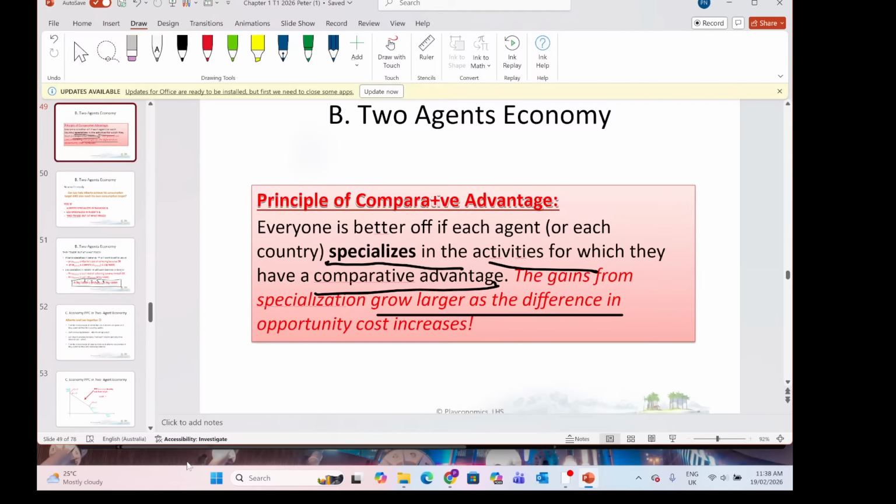Comparative advantage centers around the idea of concentrating on those areas where we have a comparative advantage, and doing those jobs all the time rather than diversifying into many different activities, some of which we won't have a comparative advantage in.